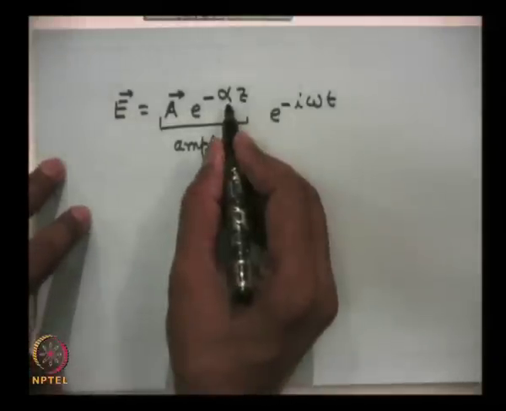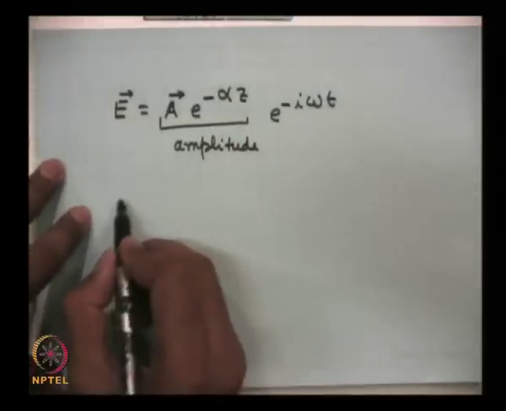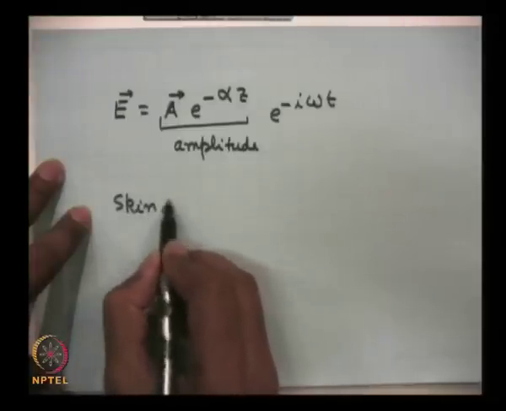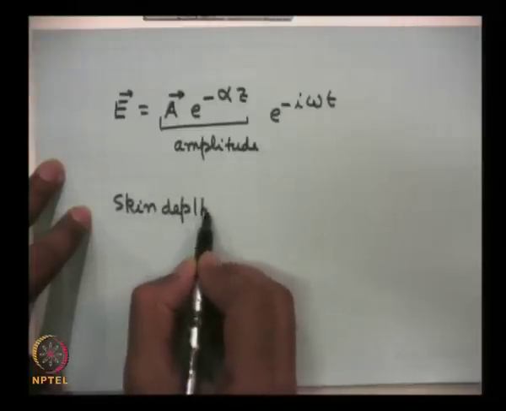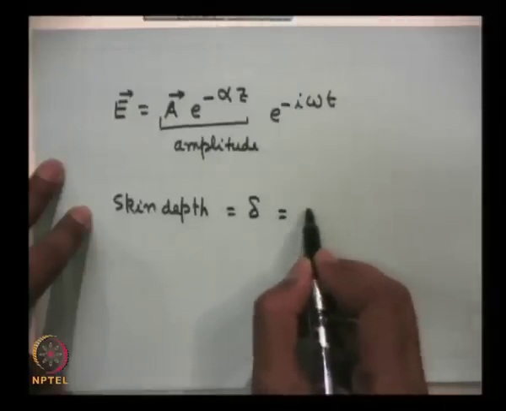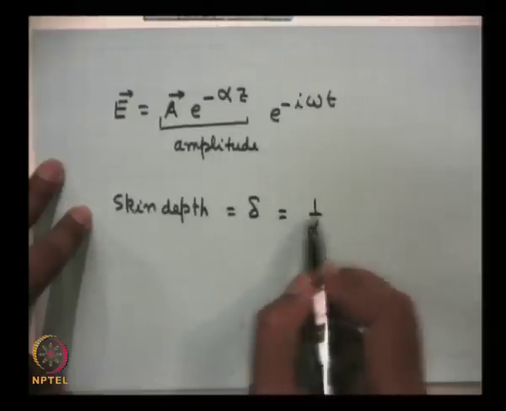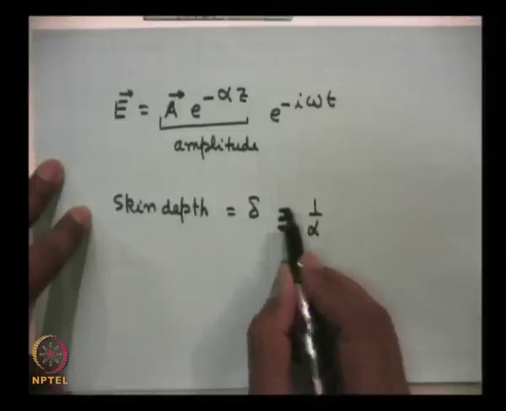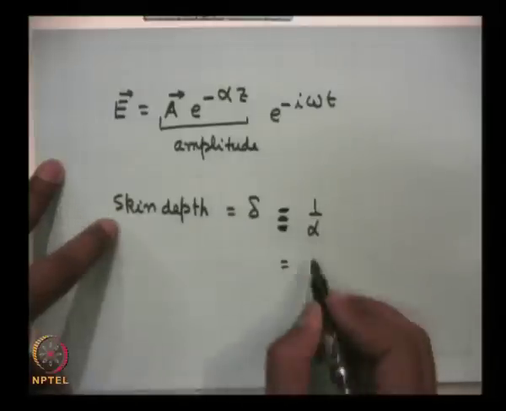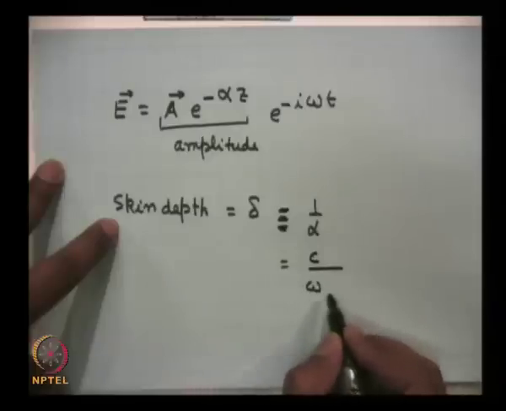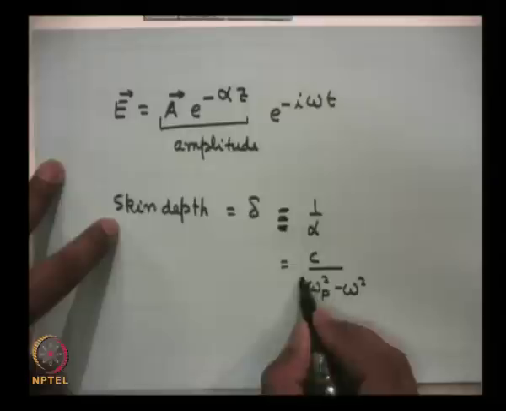Alpha has the dimension of 1 upon length, and I introduce a quantity called skin depth, which is equal to delta, and this is 1 upon alpha by definition. And if I put the value here of alpha from the previous expression, it is c upon omega p square minus omega square under root.